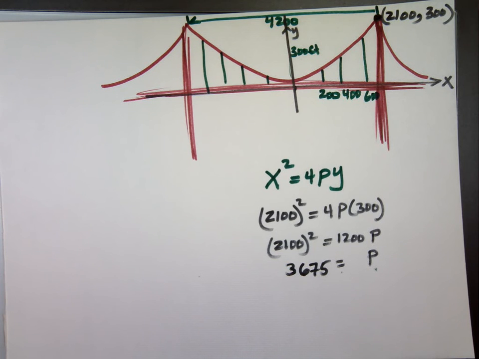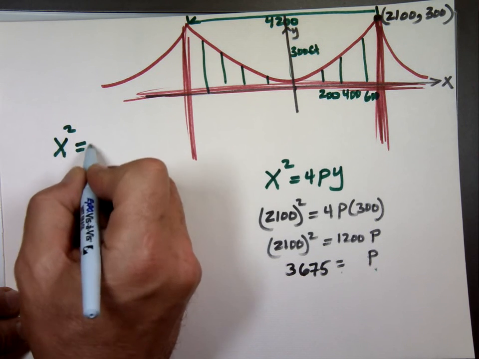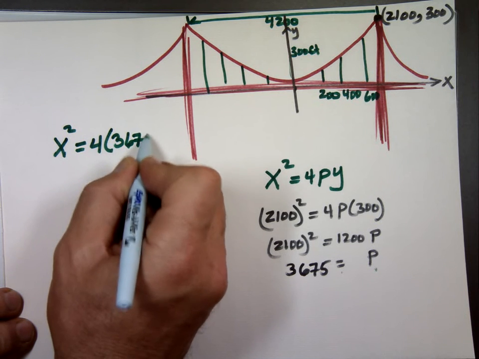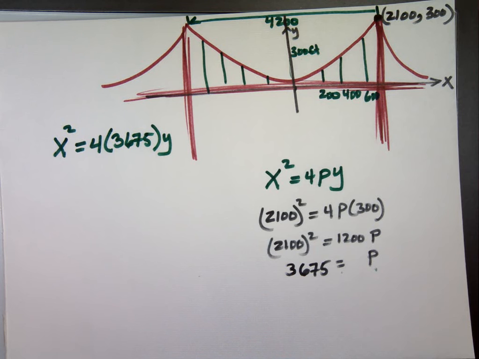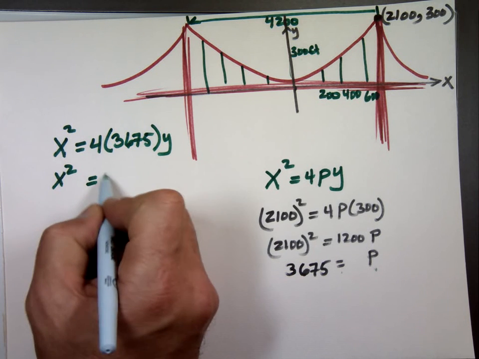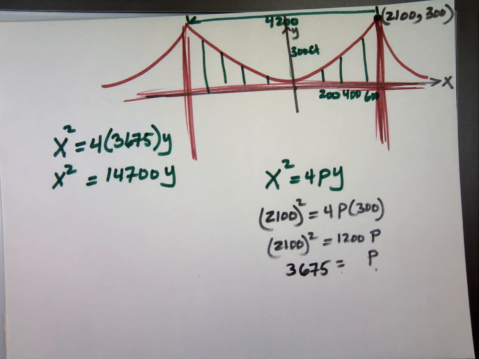So the equation that describes that bridge is going to be x squared equals 4 times, in place of p, 3675 y. x squared equals 14700y.